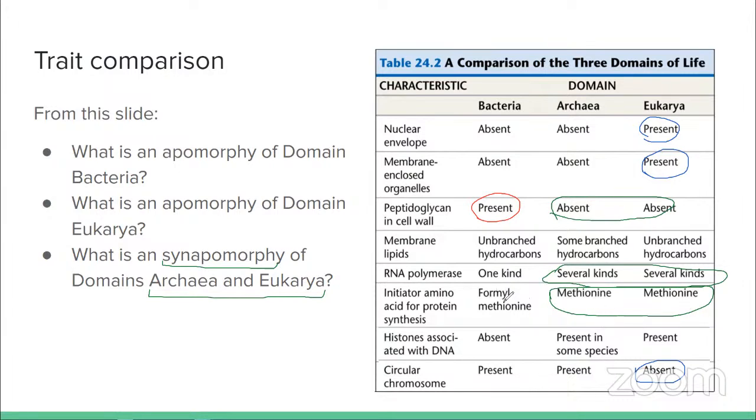We got formyl methionine in bacteria. So if you have something like this one where it's present in some species, is it only some species that are considered important? That's a great question. So what this implies is synapomorphy might not be the best term to use here.